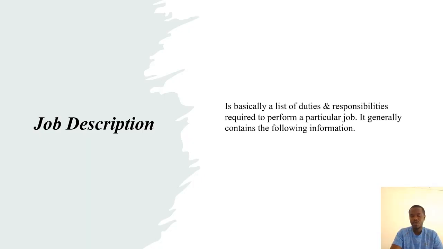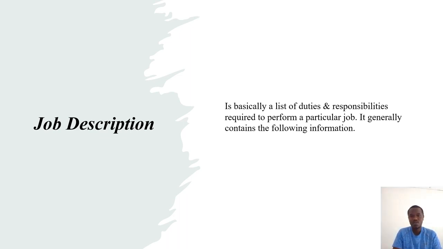Okay, so a job description is basically a list of duties and responsibilities required to perform a particular job. Some people are hired to do a job, but they don't clearly know what their duties and responsibilities are. So in some offices, sometimes people conflict about doing this and that.